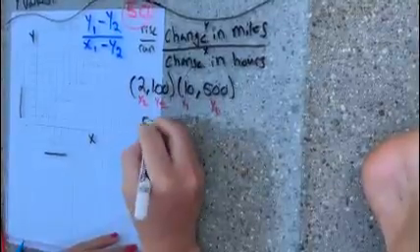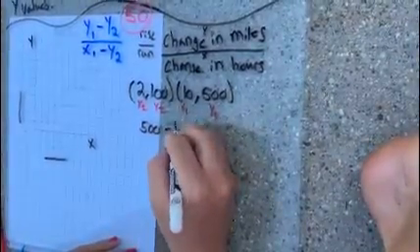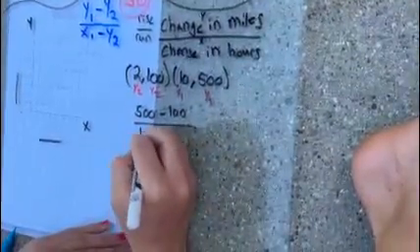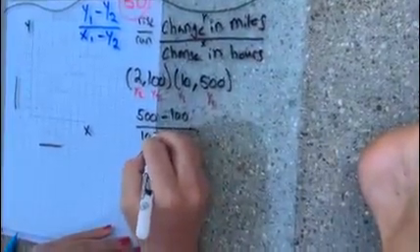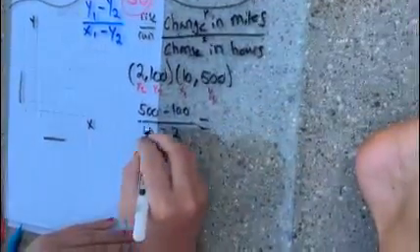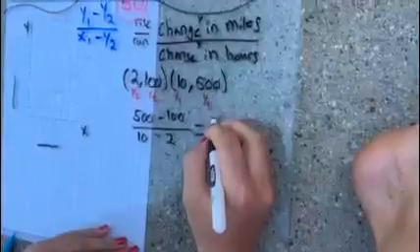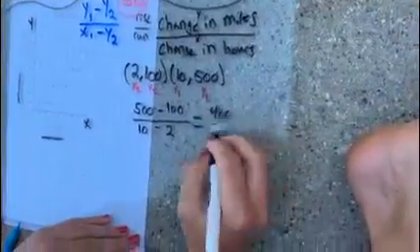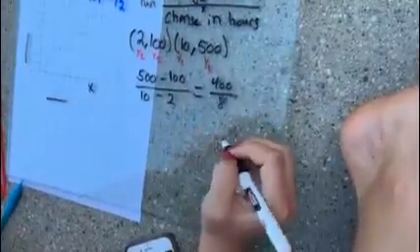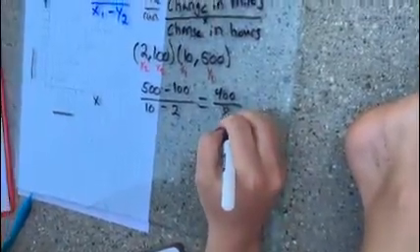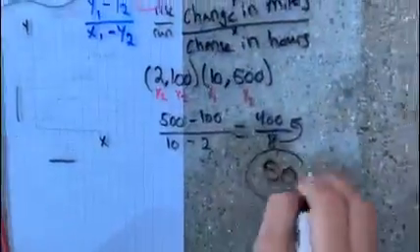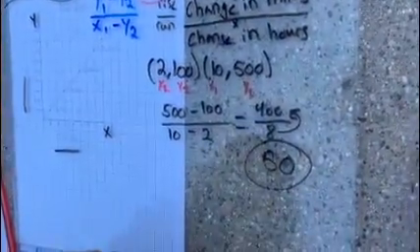So 500 minus 100 over 10 minus 2, which is 400 over 8. 8 goes into 400 50 times. So it does work.